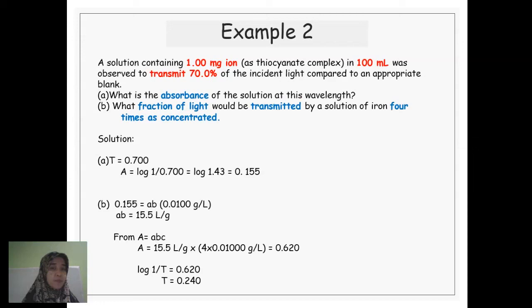What is the absorbance, and what fraction of light will be transmitted by a solution of iron if the concentration is 4 times higher? The absorbance is 0.155 and the transmittance will be 0.240.